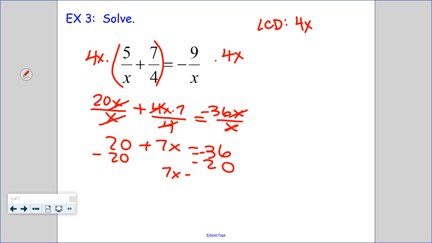A negative 9 over x, so negative 36x over x. So instead of that, you should have a negative 56. And then divide by 7. And so x is equal to negative 8. Questions? Okay.